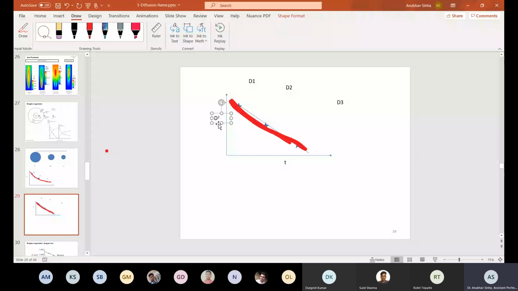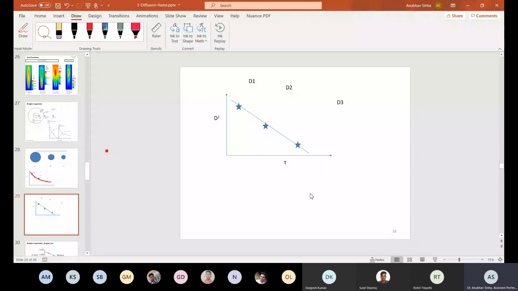So all these will be d1 square, d2 square, d3 square with respect to time, and I am saying these points will fall on a straight line. That's all. This is the experimentally measured diameter square. Is everyone okay, or any confusion, please ask. I will repeat it again, no problem.